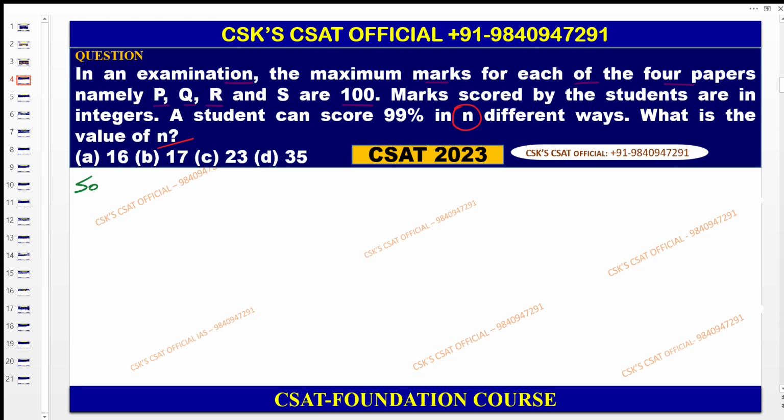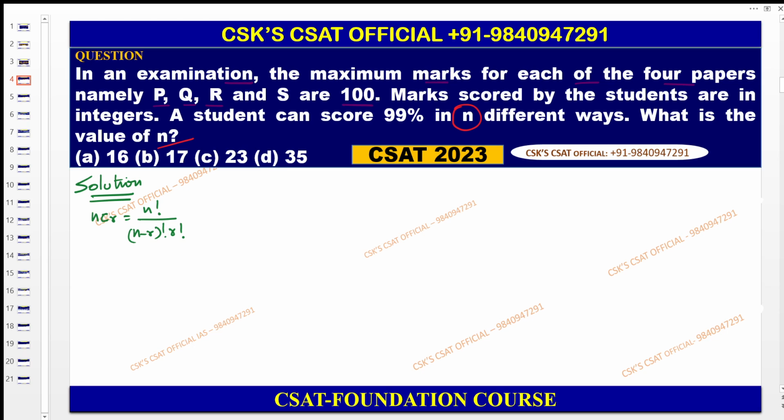In order to solve this question, you need to know the basic permutation. If you know the basic permutation, then fine, since you already learned it in the foundation. Here I will tell you the very basic formula. You know, nCr is equal to n factorial divided by (n minus r) factorial into r factorial.